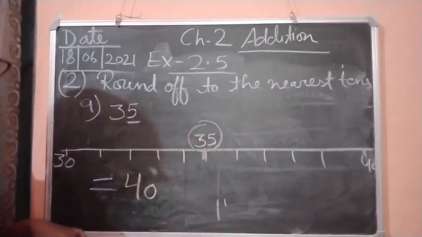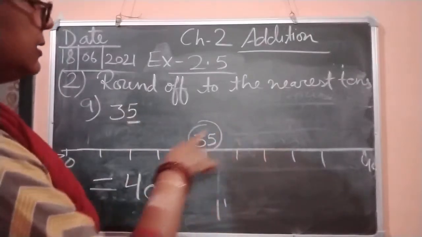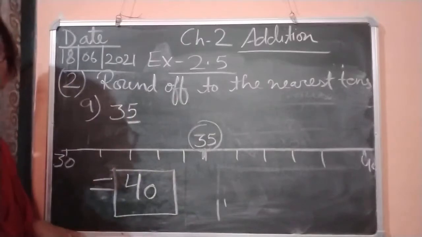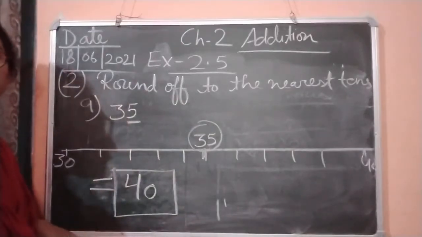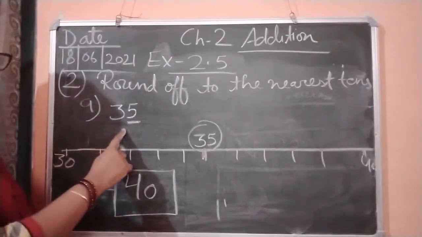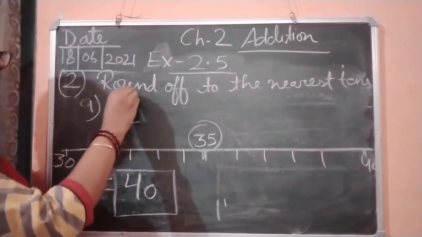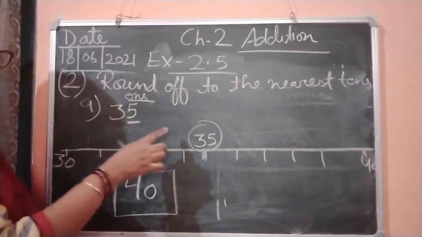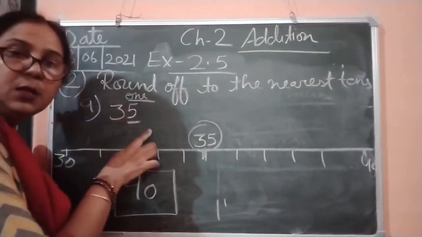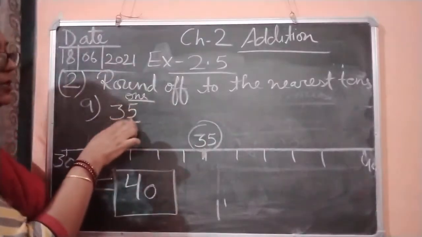If we are rounding off this number to the nearest tens, we will get 40 over here. So the answer is 40. Write it down children. This is A and this is 35. What have we seen? First we have seen the ones place because we are rounding to the tens. That is why we should consider the ones place.